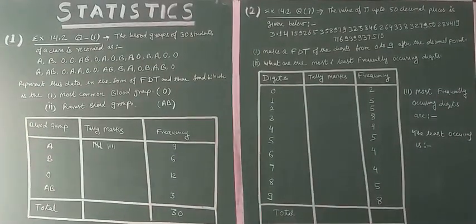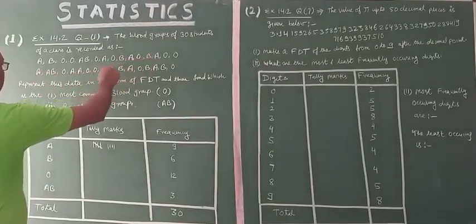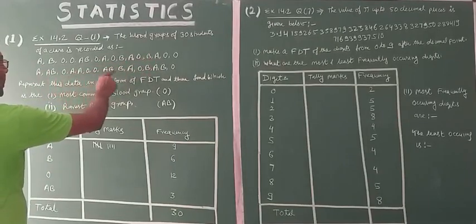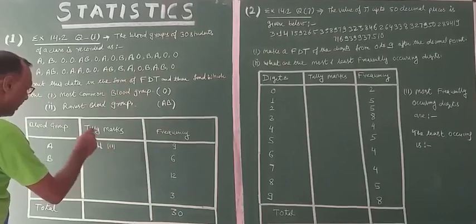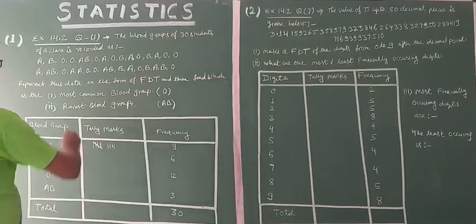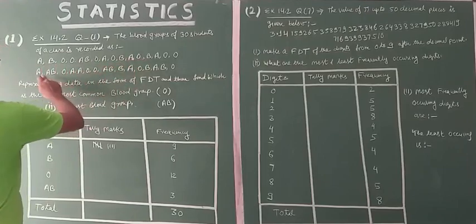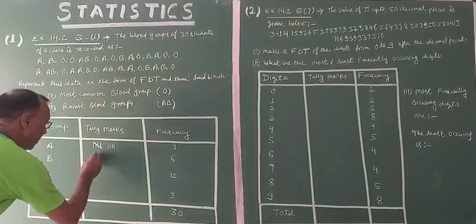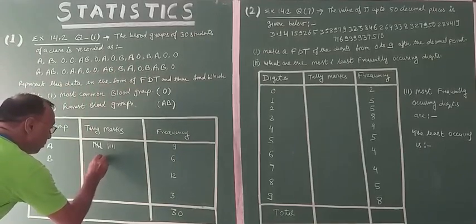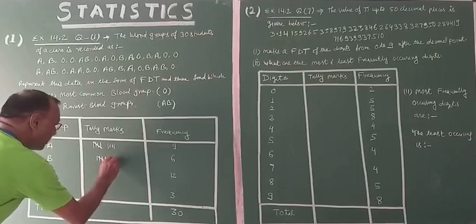Now count blood group A. 1, 2, 3, 4, 5, 6, 7, 8 and 9. Blood group B: 1, 2, 3, 4, 5, 6. Tally marks 1, 2, 3, 4, 5 and 6.